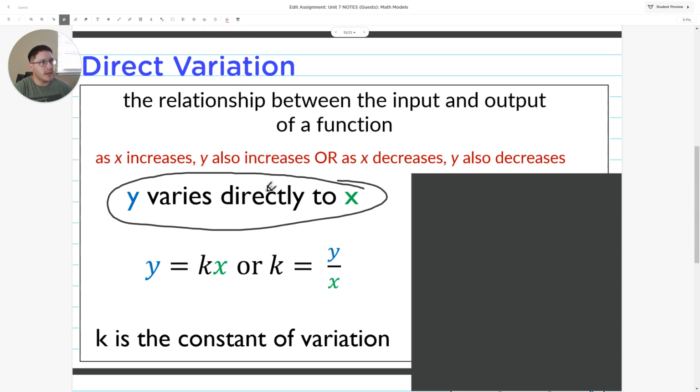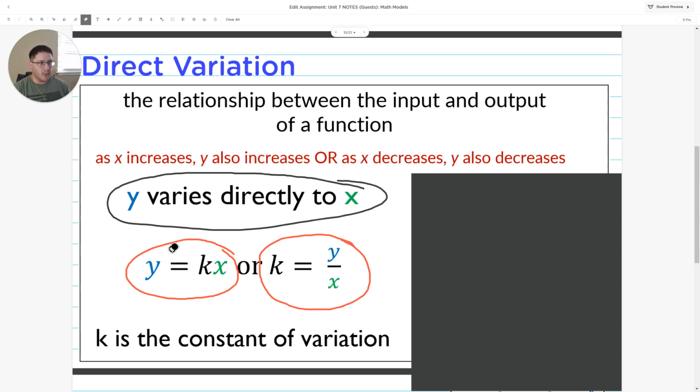A formula that represents a line, y equals kx, where k is the constant of variation, and a formula that finds the k value, which is k equals y divided by x. So k, the constant of variation, the constant that multiplies into the x value, can be found by taking the y value and dividing it by the x.